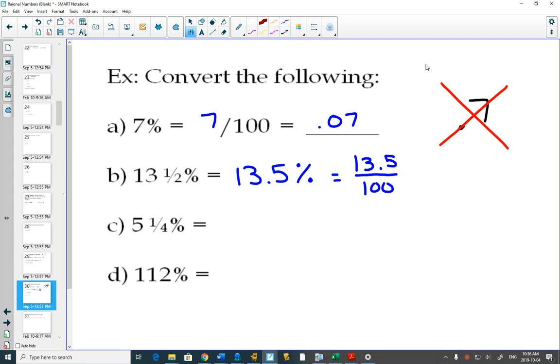Whatever is in your ones column, that 3, that's going to be your hundredths. And so as a decimal, we'd have 0.13 and then an extra 5. In fact, 13.5% out of 100 is the same as 135 out of 1,000.